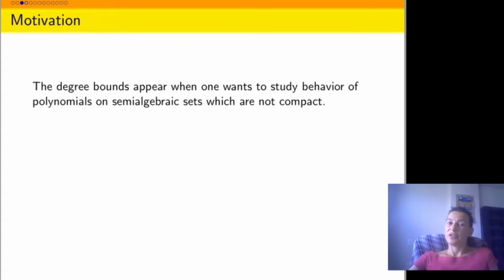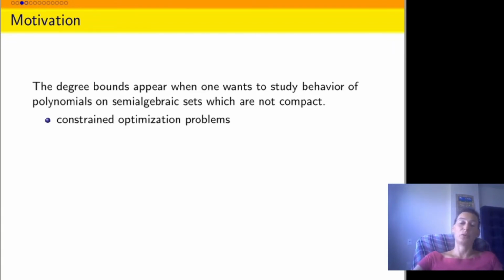Okay, the motivation is in fact from a simple question: we have some problems which are solved on compact sets. What happens if we want to get an answer to these questions on sets which are not compact? On a compact set, any polynomial is bounded by a constant, whereas on a non-compact set there is no such bound, but we still can find the rate of convergence of the polynomial with respect to the set S, which does not have to be necessarily its degree.